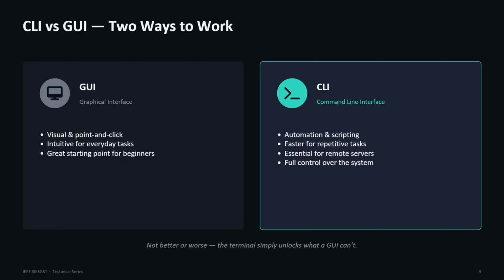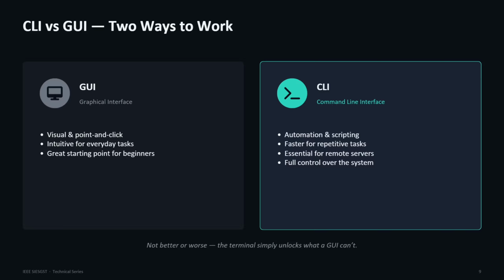Its strengths are different. It's built for automation and scripting. You can save a sequence of commands and run them again anytime. It's faster for repetitive tasks, like instead of clicking through 10 folders, you type one line and that's all it needs. It's essential for remote servers also, where there often isn't a graphical interface at all, just a terminal connection.